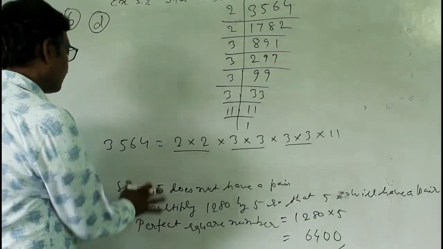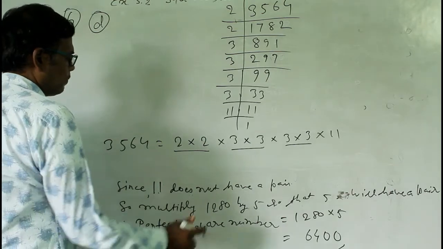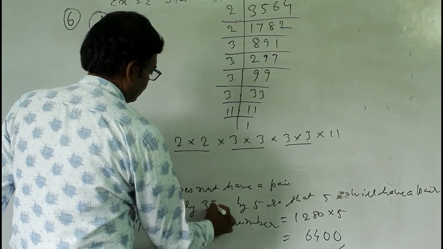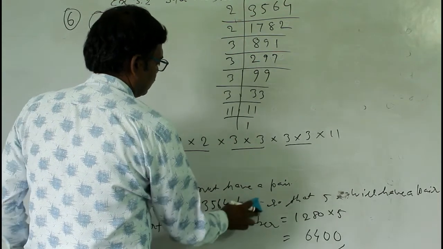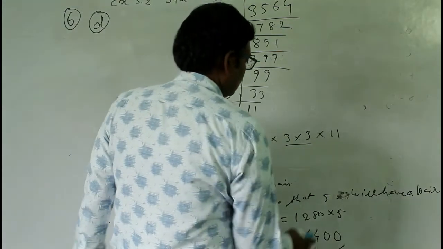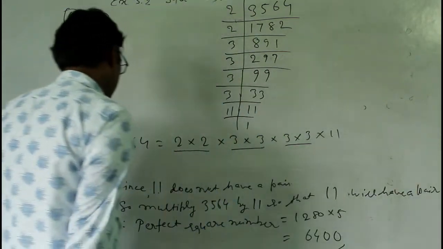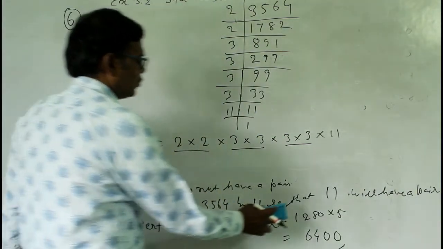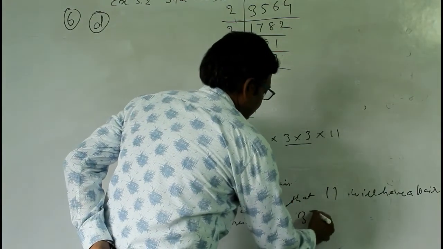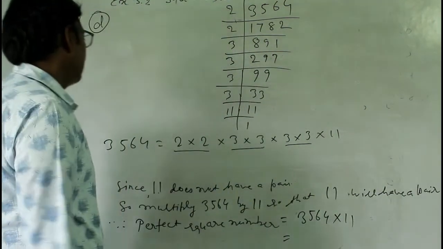So here you will write that since 11 does not have a pair, multiply 3564 by 11, so that 11 will have the pair, and therefore the perfect square number is equal to 3564 into 11. So multiply this number and then you will get the answer.